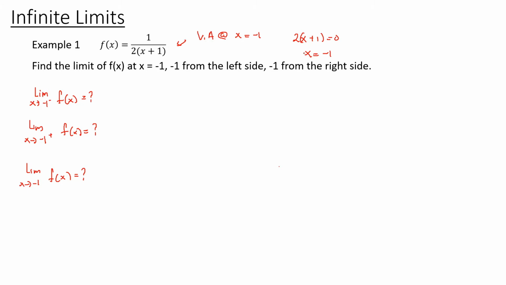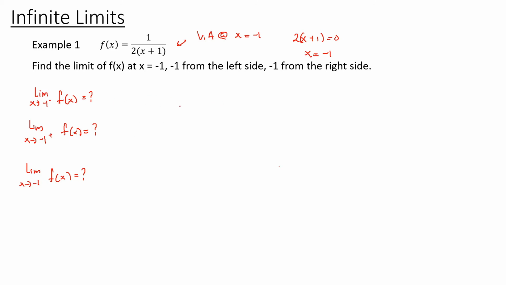So we talked about if there's a vertical asymptote, there's a possibility you're going to have an infinite limit because the graph will approach either the negative side or the positive side depending on the graph. The only way to figure out whether it's approaching negative infinity or positive infinity is looking at the trend as you get closer and closer to negative 1.